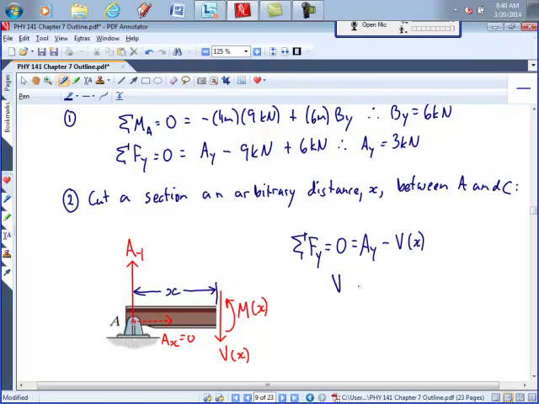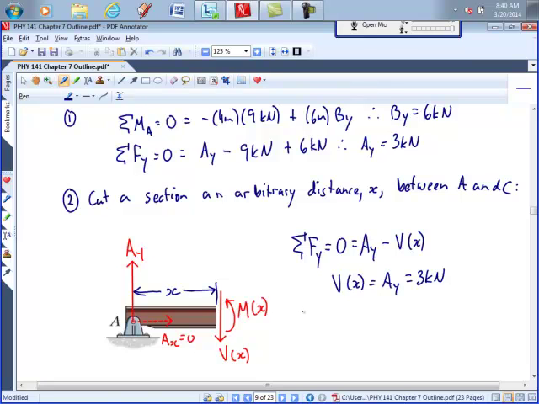So that means Vx equals AY equals 3 kilonewtons. Anywhere between A and C, the shear force is going to be the same. It'll be a constant 3 kilonewtons.